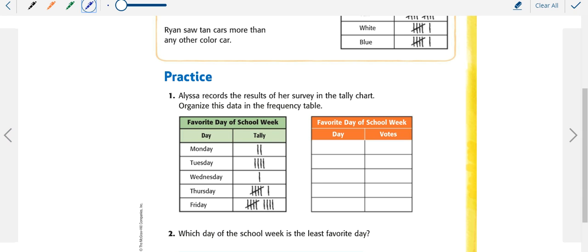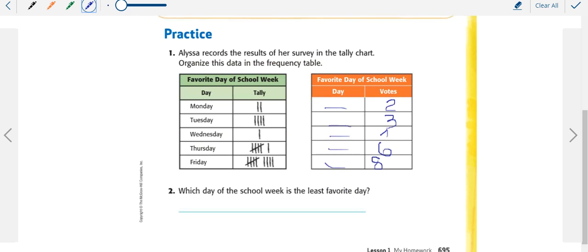So, favorite day of school, Monday, you're going to write 2. Tuesday, you write the day, it's 3. Wednesday, 1. Thursday, 6. Friday, 8. Okay, on this part, you're going to write each day. Monday, Tuesday, Wednesday, Thursday, and Friday.